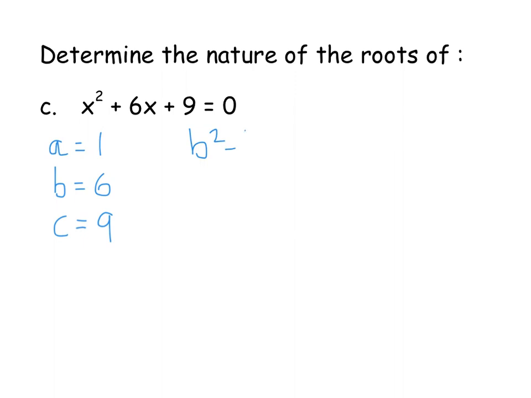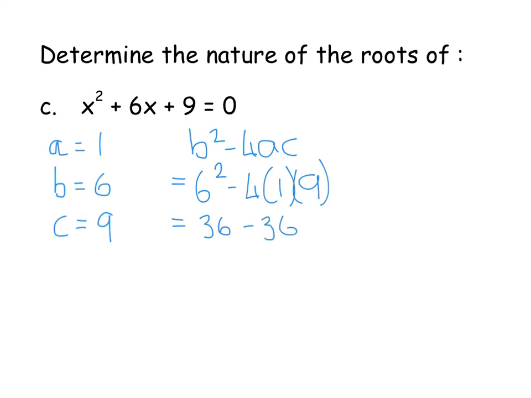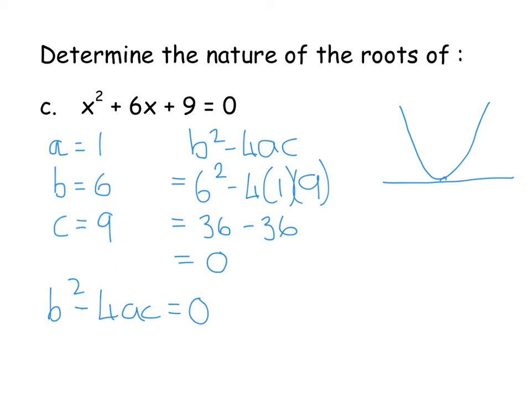So b squared minus 4ac. B squared is 6 squared minus 4 times 1 times 9, which gives us 36 take away 36, which is exactly 0. So because b squared minus 4ac equals 0, that was the one like this, where it sat on the x-axis.